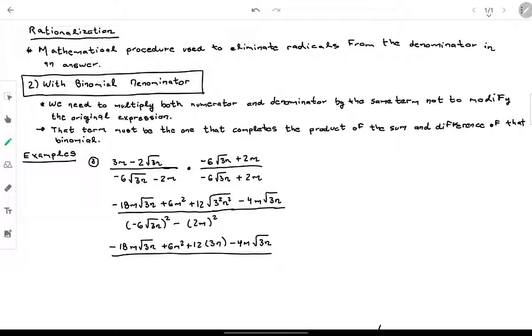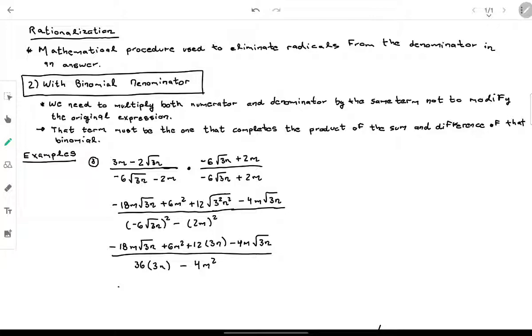And on the denominator, it's going to be minus 6 squared, minus multiplied by minus is plus. So it's going to be 36 that multiplies the square root squared. We can eliminate the square root, that multiplies 3n, minus the second one squared, that is going to be 4m squared.